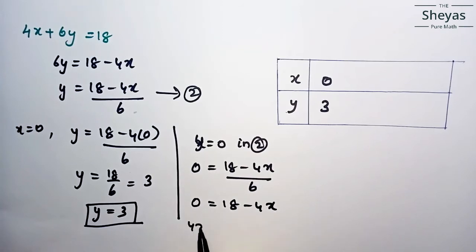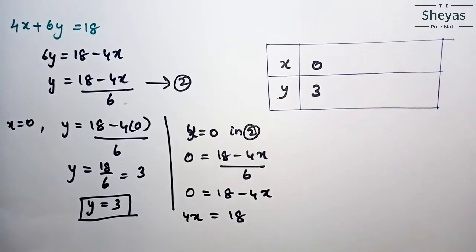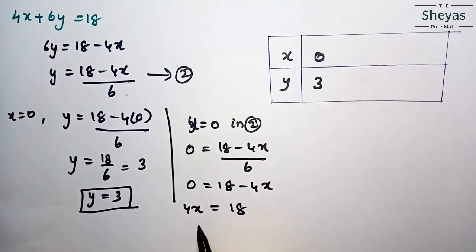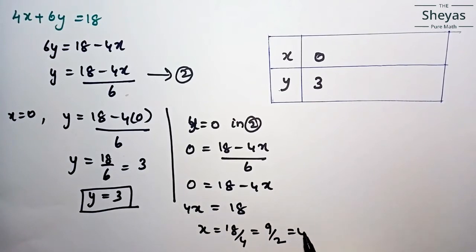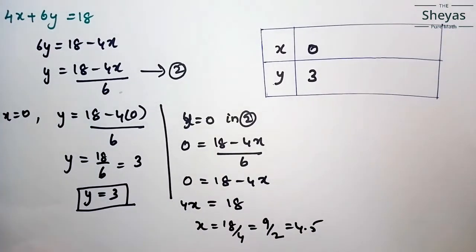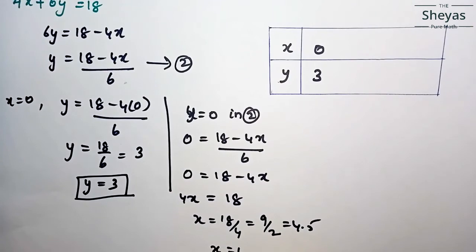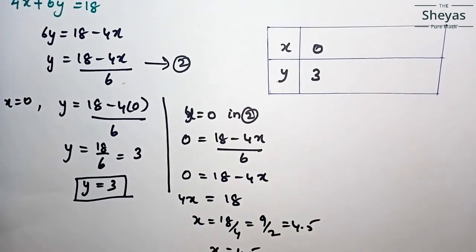Therefore, 4x, if you take to the other side, will be 4x is equal to 18. Now, x is equal to 18 by 4. That is 9 by 2, which is equal to 4.5.